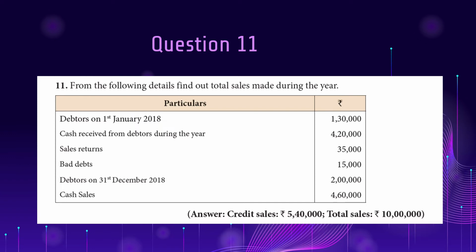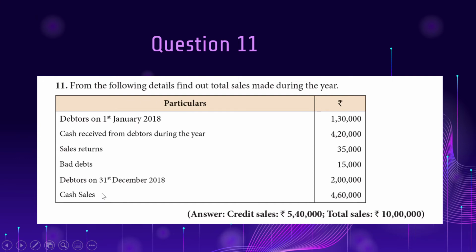When you are asked like this, for total sales, you need to find out the credit sales, because what is the formula for total sales? Cash sales are already given here, and with this information you have to find out credit sales. So remember, children, you don't put cash sales anywhere; only after preparing credit sales you write it at the bottom of the total debtors account and add cash sales plus credit sales. That will give you the total sales.